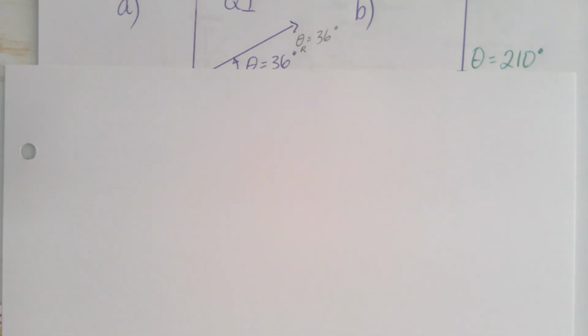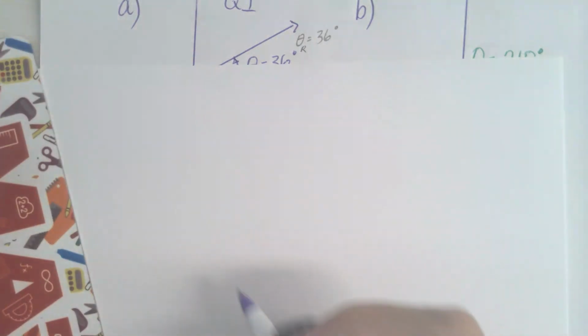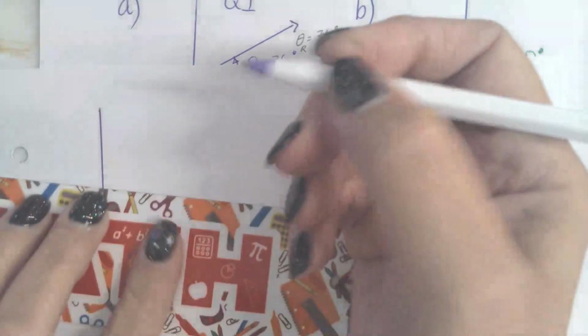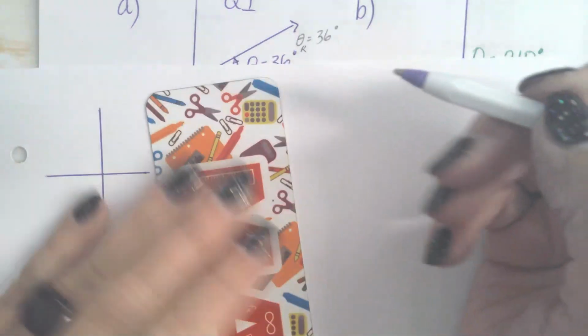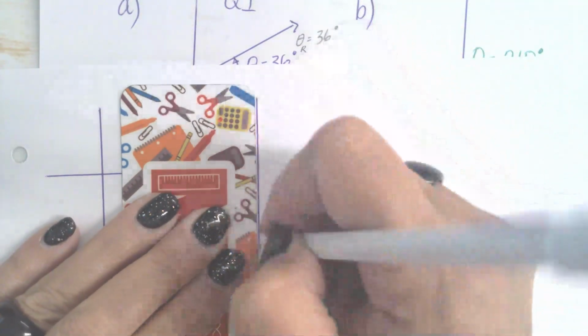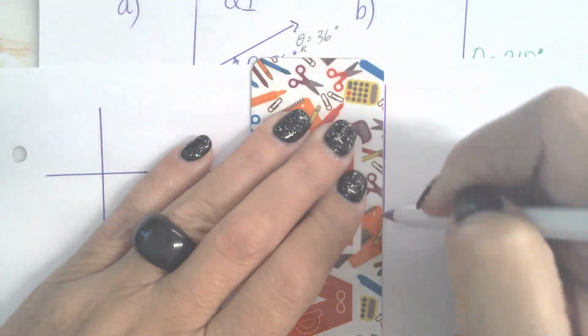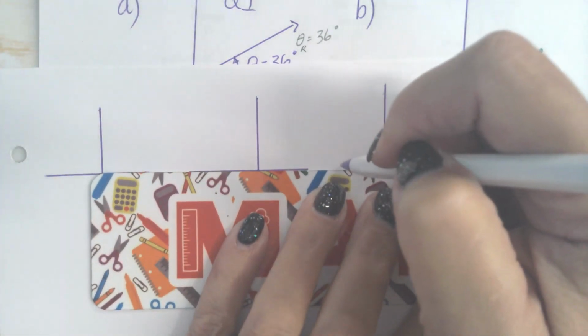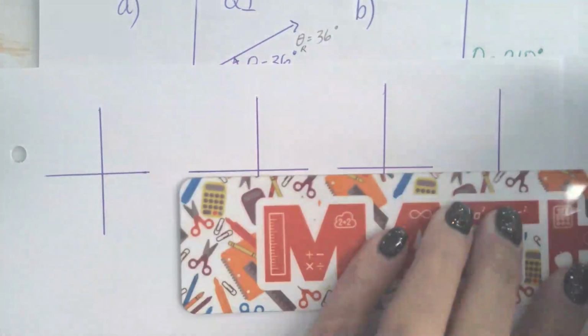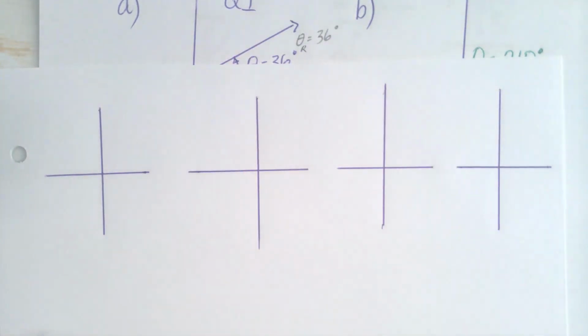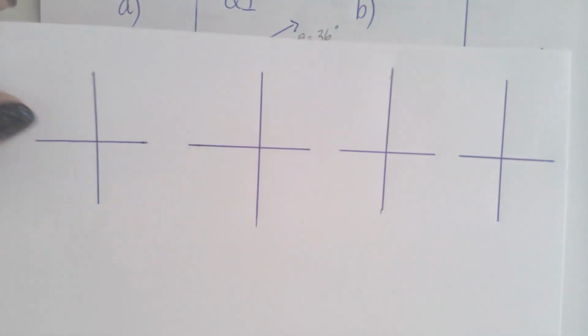Where did my ruler go? Oh, there it is. Here's quadrant 1. I'm going to draw another one that looks like that, another one there, and one more. And we are going to draw reference angles that are 30 degrees.